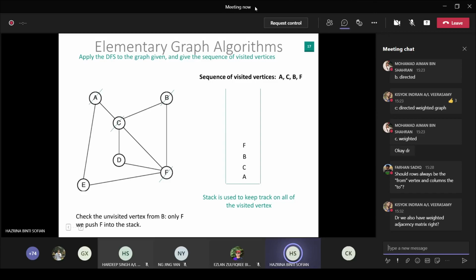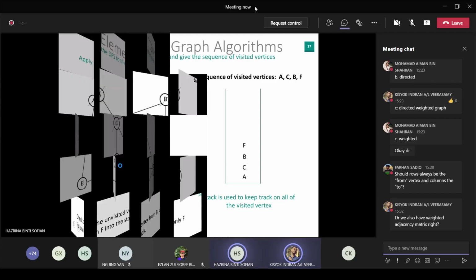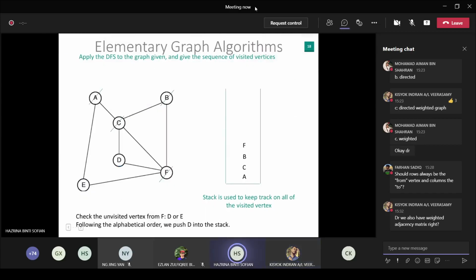From F, first we have to check all the vertices that are connected to F, and those vertices must be unvisited. The vertices connected to F and unvisited are D and E. So we have to choose the vertex in the least alphabetical order, which is D. Okay, so we will choose D. Try to continue.